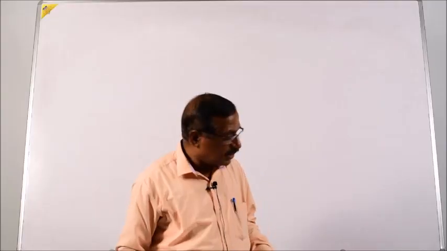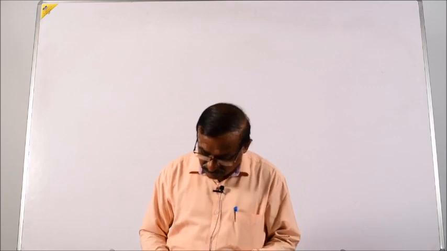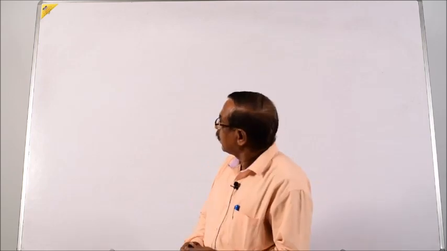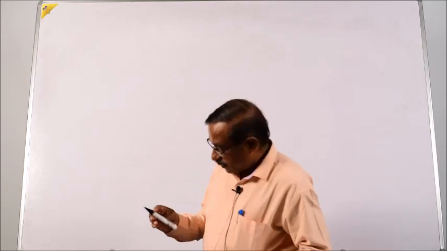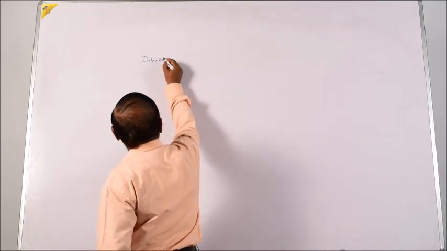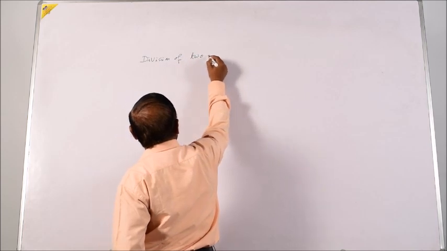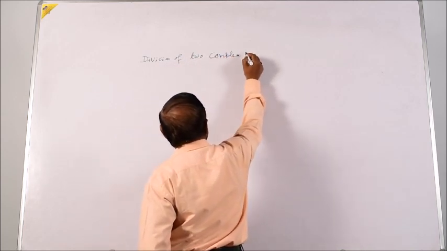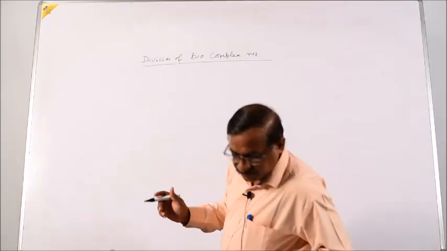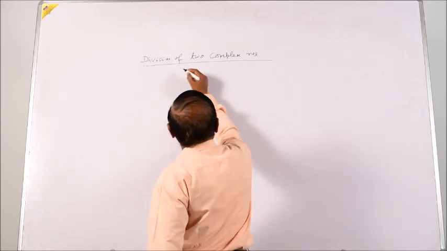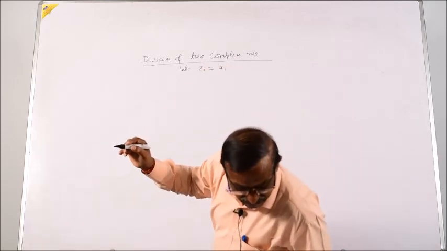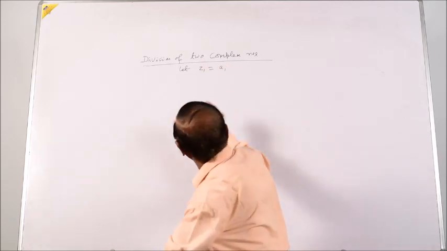Today we shall discuss more about the properties of complex numbers. Now, I am repeating that division of complex numbers, that is to say, let Z is A plus IB.